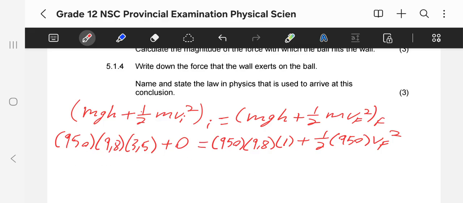Multiply this. I don't know what the values are. Let me just calculate. I don't have a calculator as I'm using my phone. So let me just quickly pause and calculate.